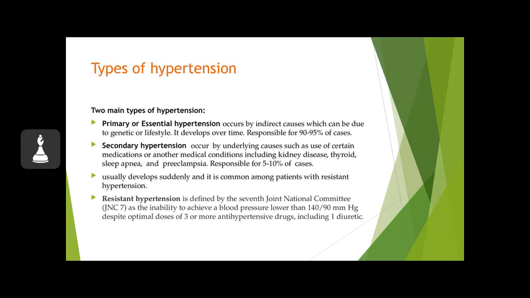Secondary hypertension occurs from underlying causes such as use of certain medications or another medical condition, including kidney disease, thyroid problems, sleep apnea, and preeclampsia, and is responsible for 5 to 10% of cases. It usually develops suddenly, and several secondary forms of hypertension are more prevalent in resistant hypertension.